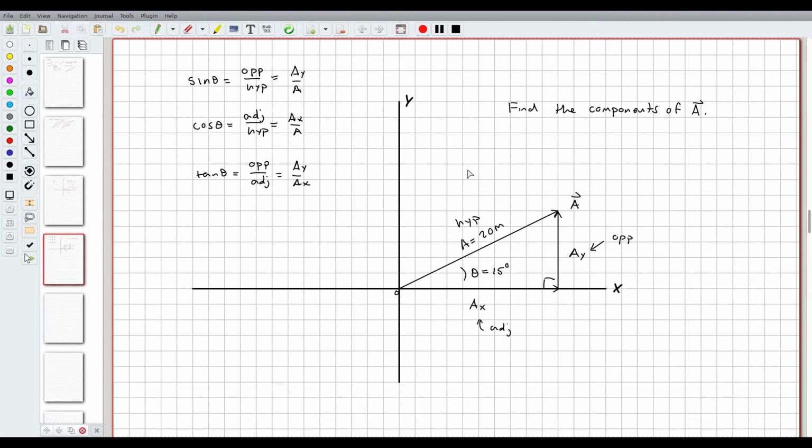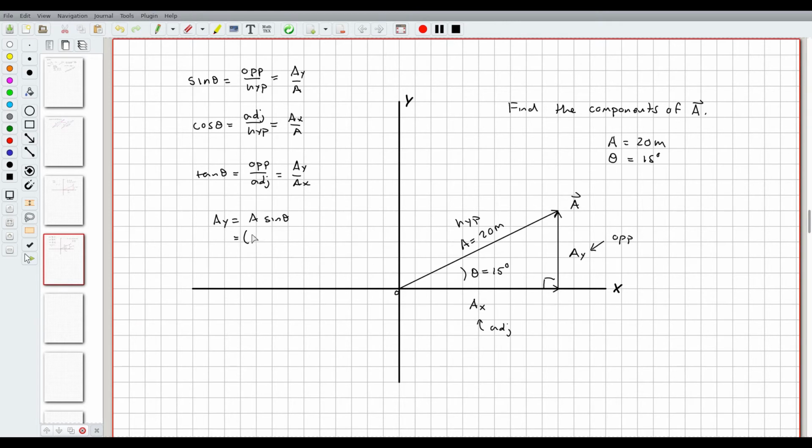Now, the goal is to find Ax and Ay using what we know. And what we know here is that the hypotenuse, the magnitude of our vector, is 20 meters, and the direction that it points is 15 degrees above the x-axis. So, if I look here, and I look at the opposite part, if I do some simple algebra, that would give me the opposite part.